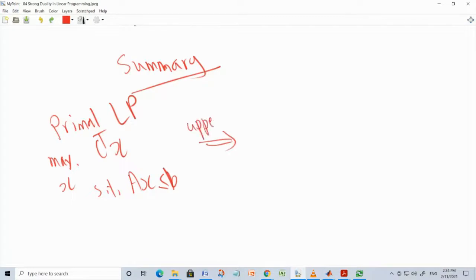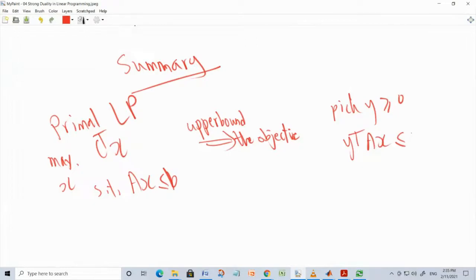Then upper bound the objective. How do we upper bound the objective? Well, for any y that is non-negative, y transpose A x is less than or equal to y transpose b, which is the same as b transpose y.